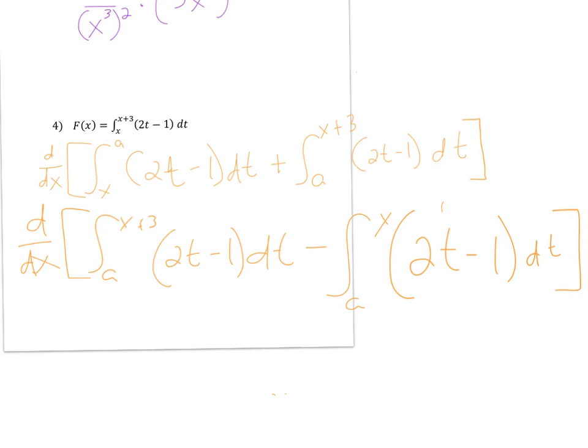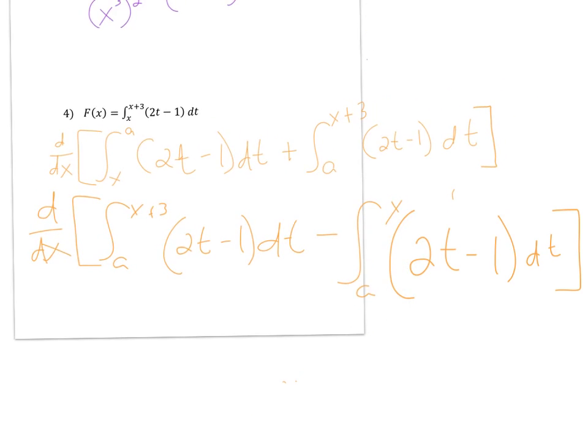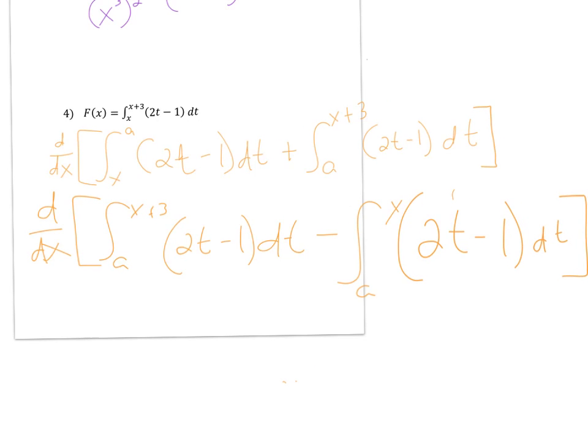So what this is going to allow us to do is apply the fundamental theorem of calculus twice. What that's going to mean is we are going to substitute x plus 3 into our function right here. And so that's going to give us 2 times, and then instead of t, it's going to be x plus 3, minus 1.